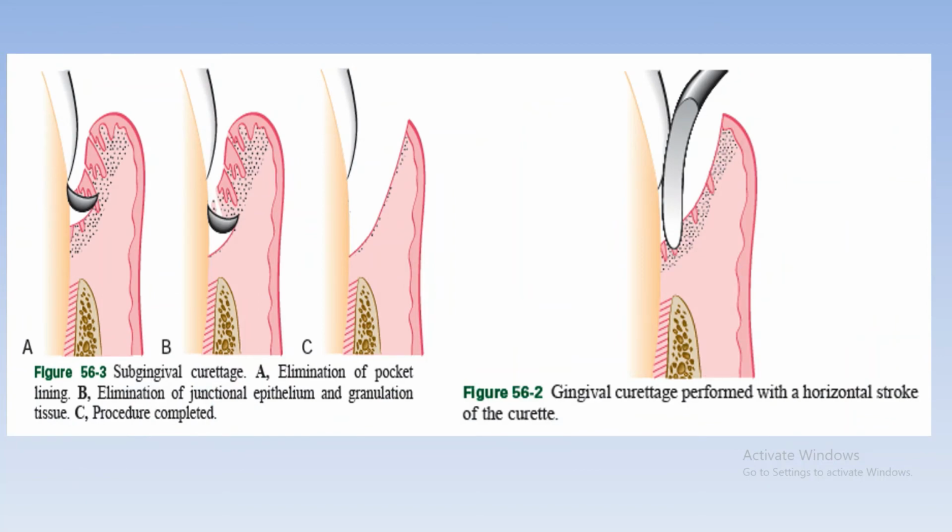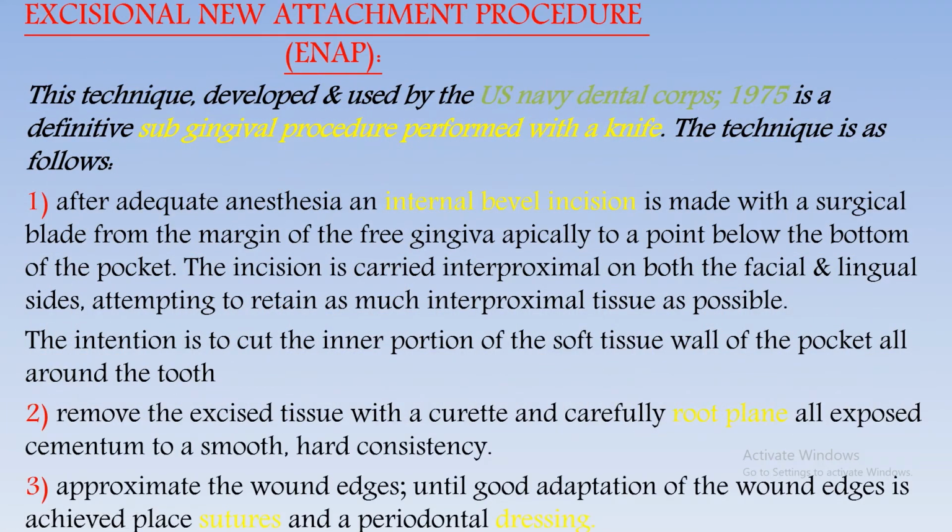Curettage is also a very important procedure to get rid of debris inside the pocket, and we do it by curette, gingival curettage, to get rid of the debris in the pocket. Many types of procedure.